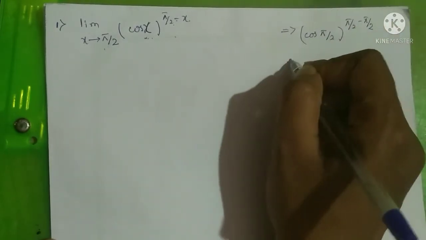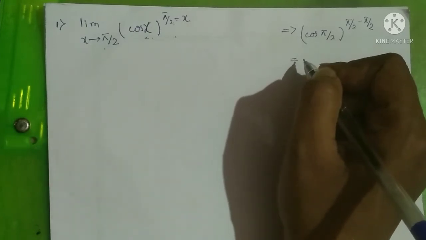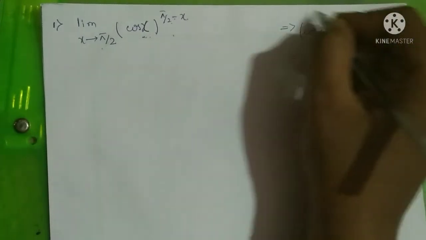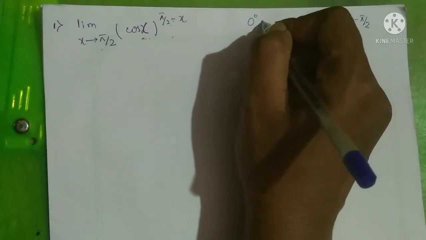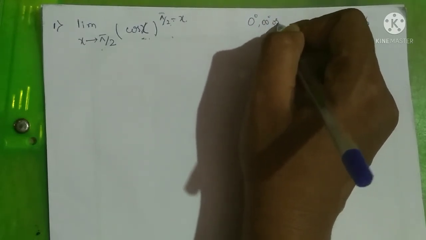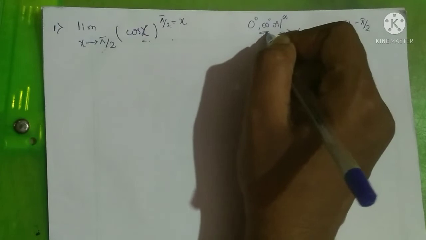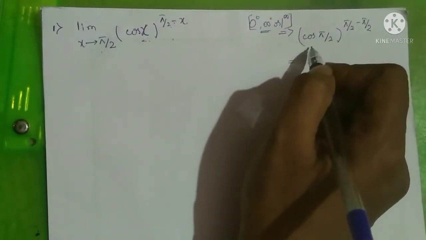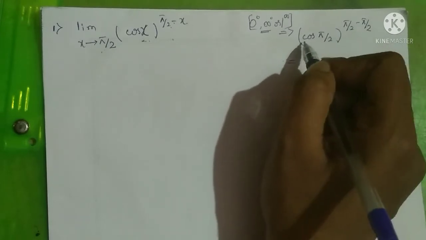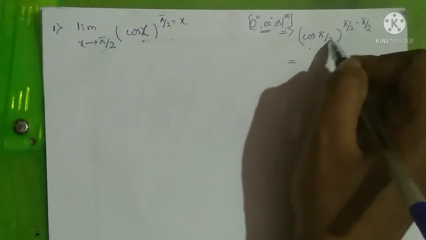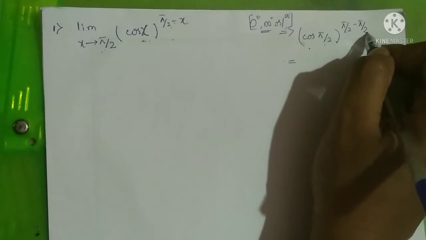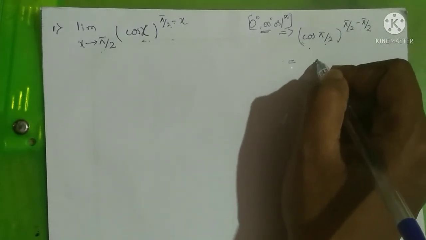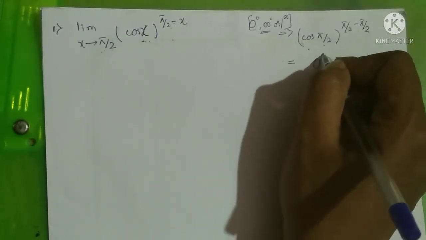We should know in type 4 you have three indeterminate forms, that is 0 to the power of 0 form, infinity to the power of 0 form, or 1 to the power of infinity form. Among these you should know which type of indeterminate form it is. Cos pi by 2 is 0, pi by 2 minus pi by 2 is 0.